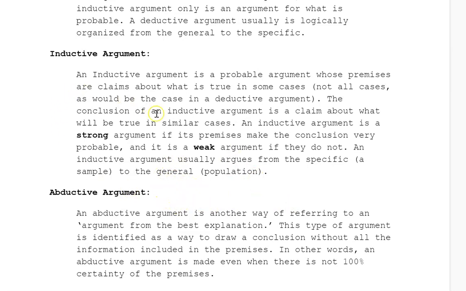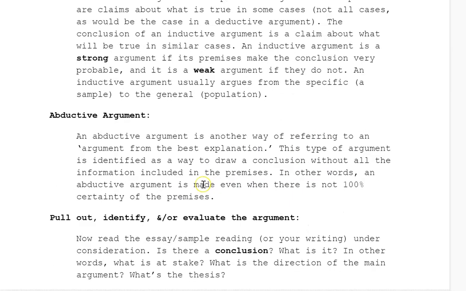Okay. And this is usually the way in which scientific thinking is understood, that if we understand specific instances of phenomena, we could usually draw a conclusion that anything that's like that specific instance of phenomena is probably true generally. Okay, so that's an inductive argument, more or less.